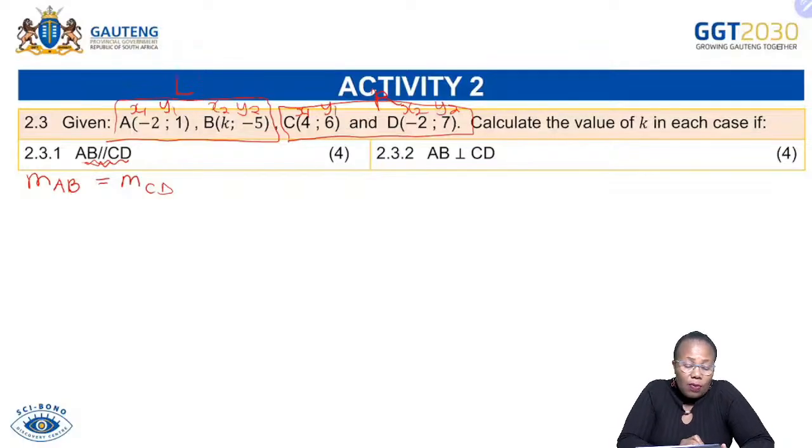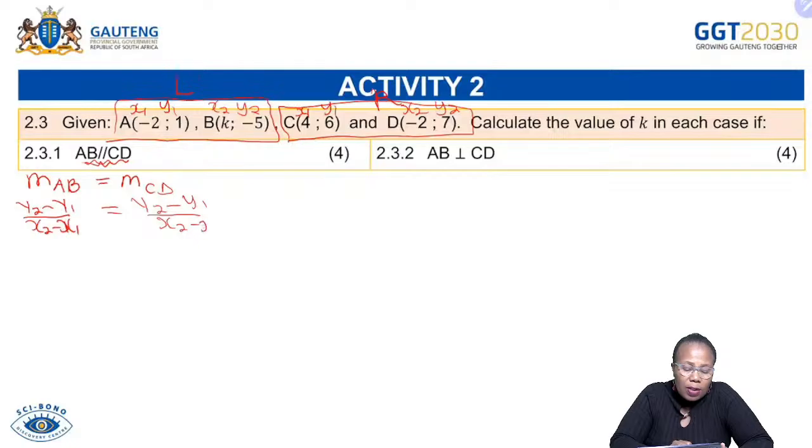Okay? Now, let's continue, grade 12. Remember the formula for the gradient, that is y2 minus y1 over x2 minus x1 for AB, and y2 minus y1 over x2 minus x1 for CD. This is for AB and this is for CD.